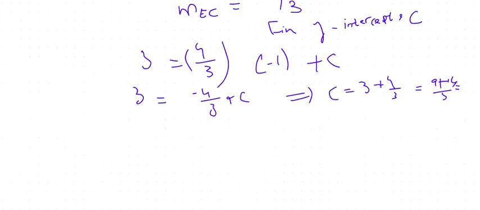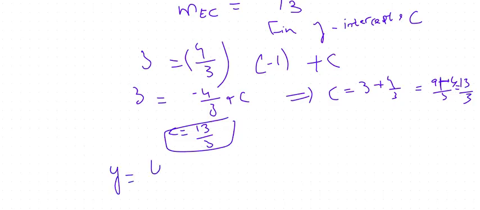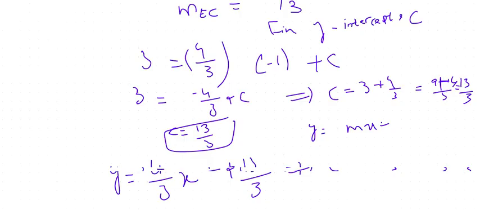Now the value of c is 13 by 3. So we have y equals 4 by 3 x plus 13 by 3. We put the values into y equals mx plus c, and this is the required equation.